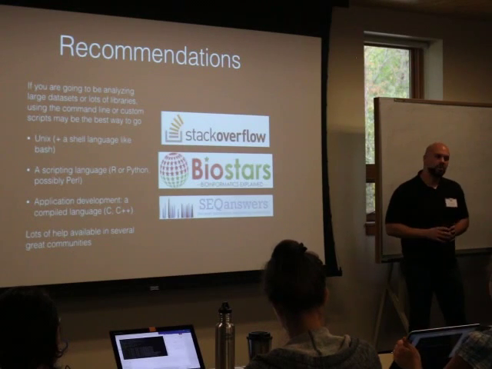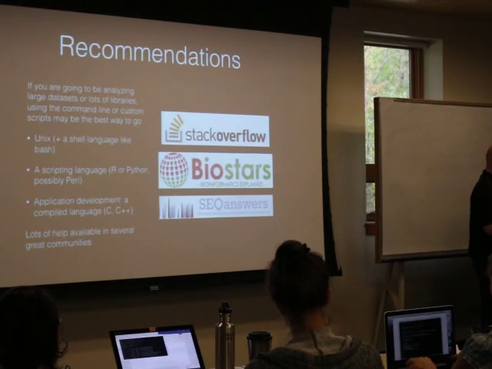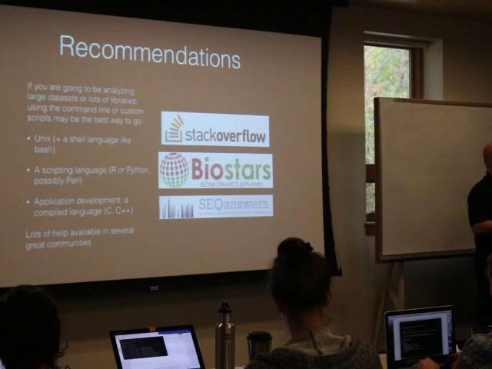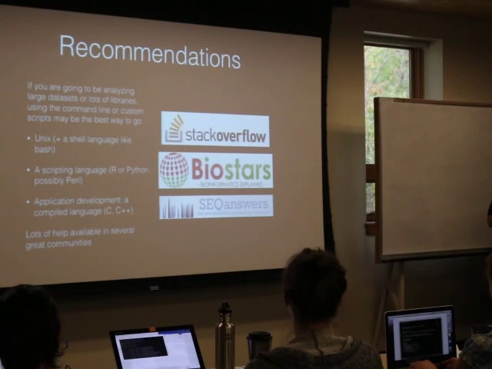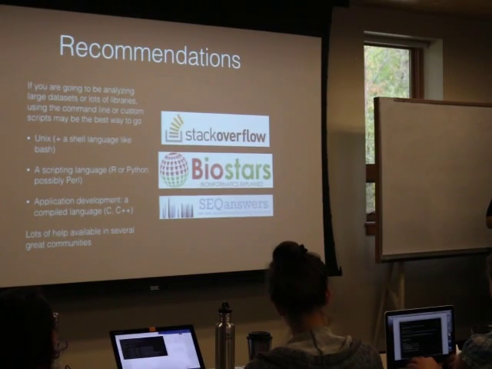In some cases, you might be able to get by with Java. Most of the applications that do a lot of things like de novo assembly, variant calling to some extent, are written in C or C++. Several of them, especially the GATK and Picard and Negro, are written in Java.